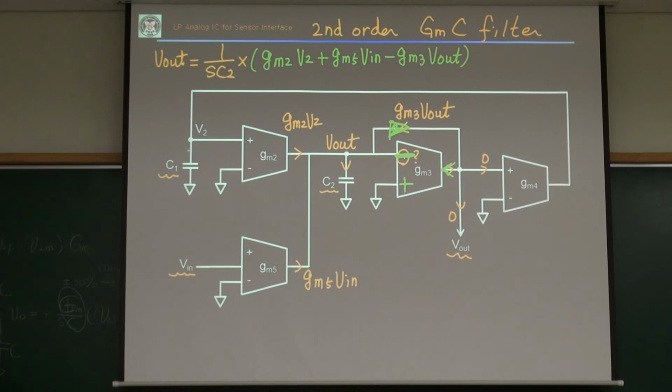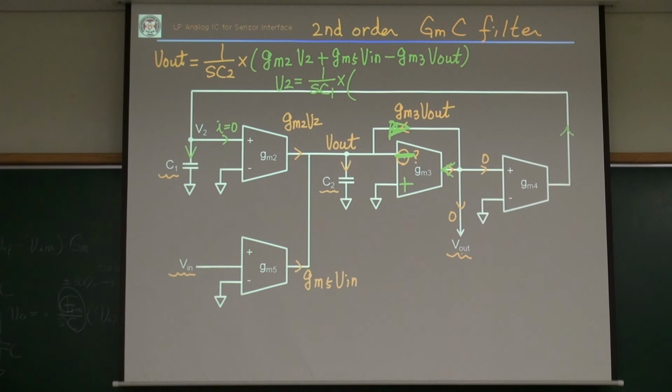And then how about the V2? Let me calculate the V2. So my V2 equals 1 over SC1 times, what's the current here? It has only 1 current component, right? This current is 0. How about that current? It flows out.